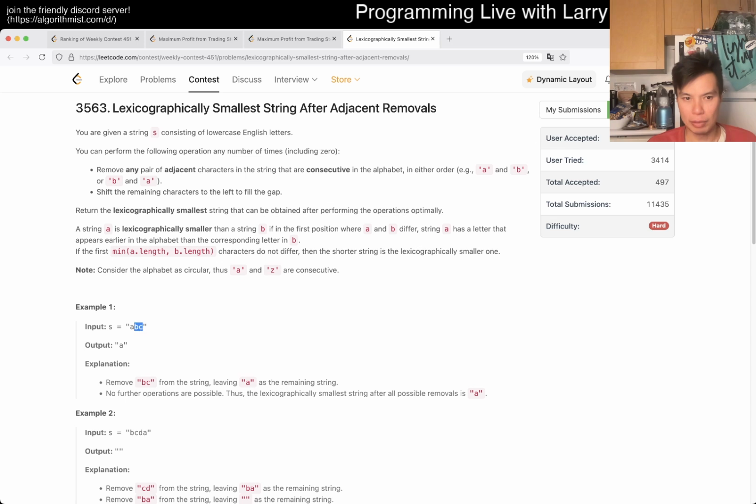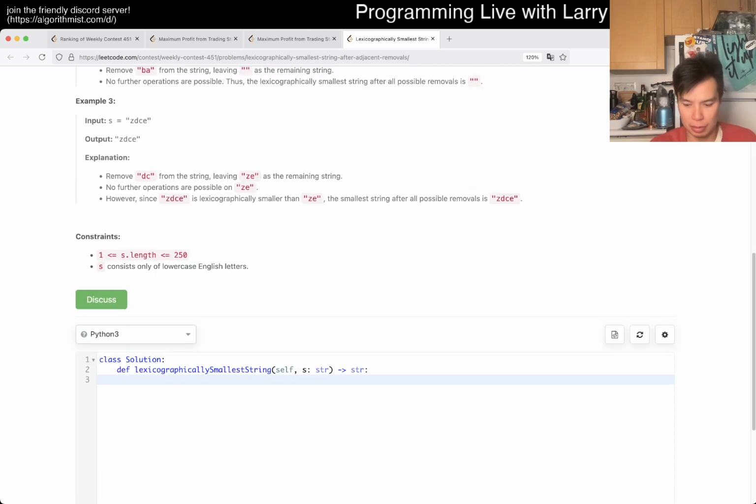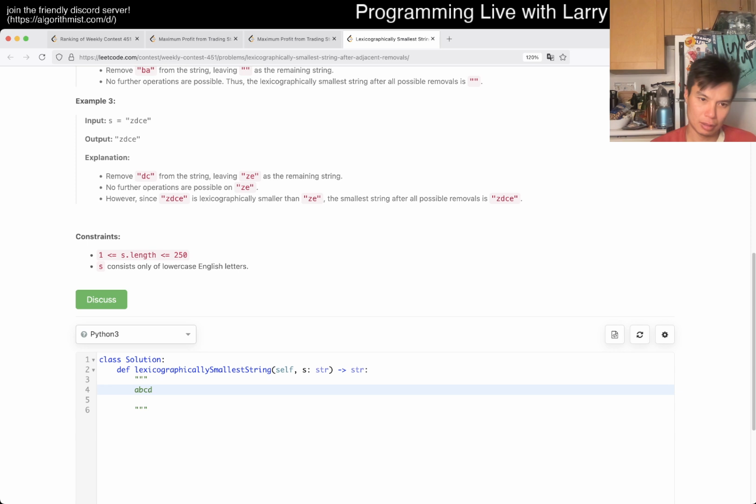So the stack would be the thing, but then we want to say, okay. Order of operation matters, right? Because we can, is it ABCD, something like that? Does the order of operation matter? We want to hold A.